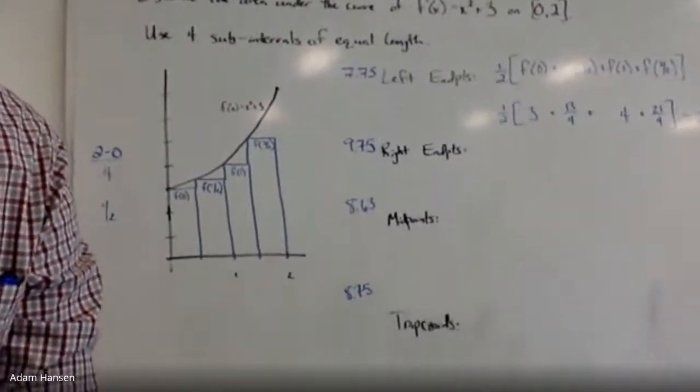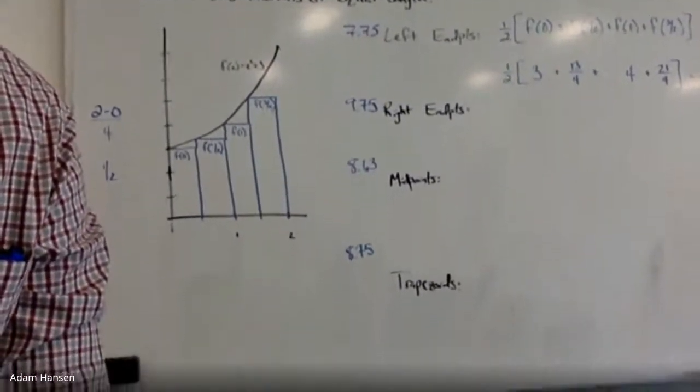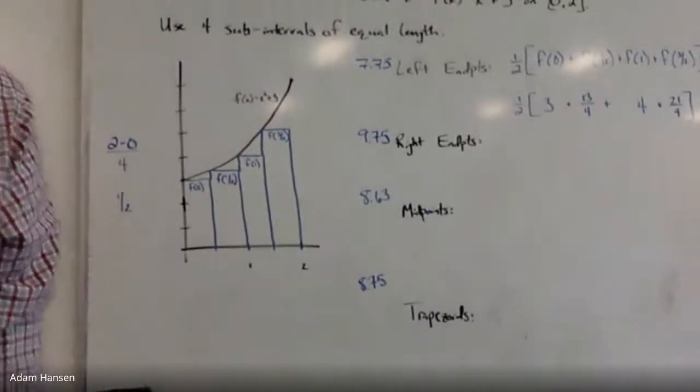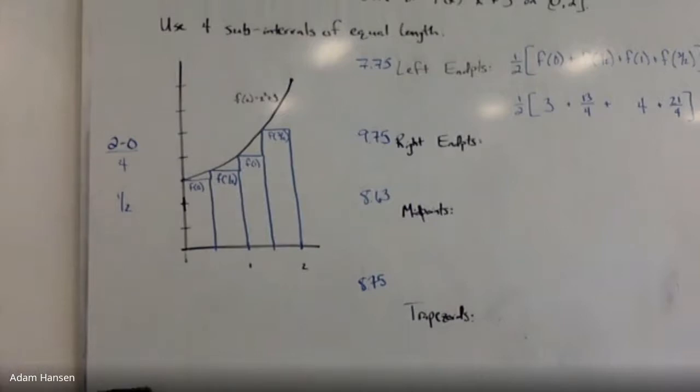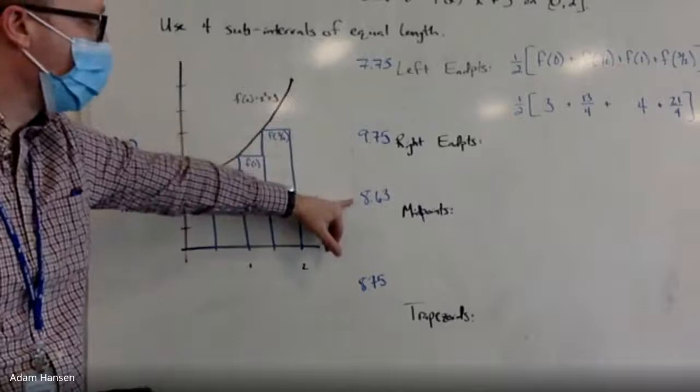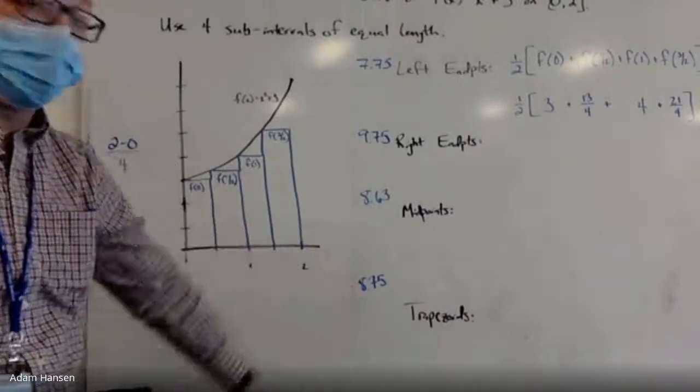As you're working, guys, we're going to take a few minutes and approximate the area by right endpoints, midpoints, and trapezoids. I've got approximations given by these decimals up on the board here as well. About 9.75 for right endpoints, 8.63 for midpoints, and 8.75 for the trapezoids.